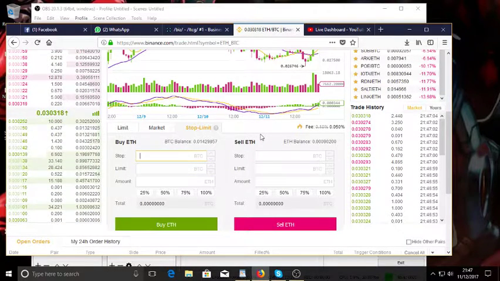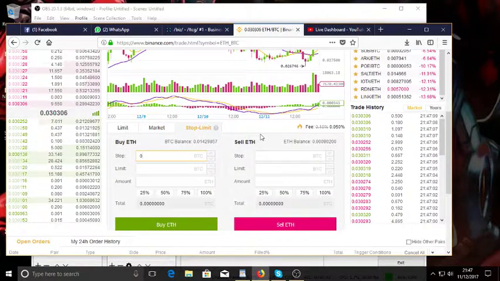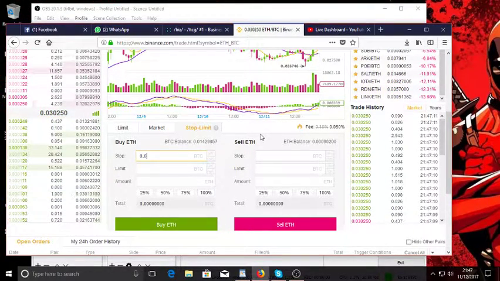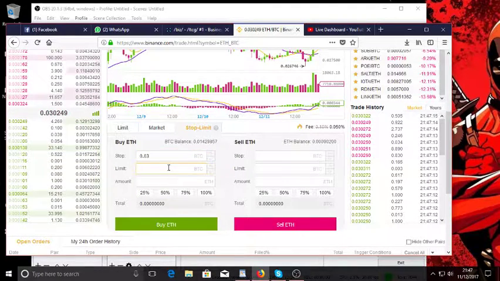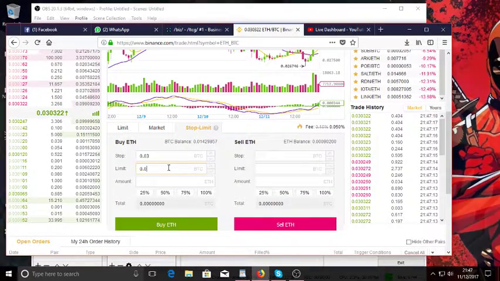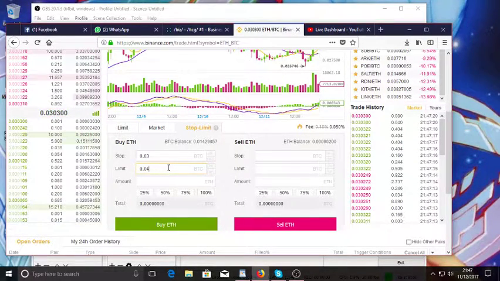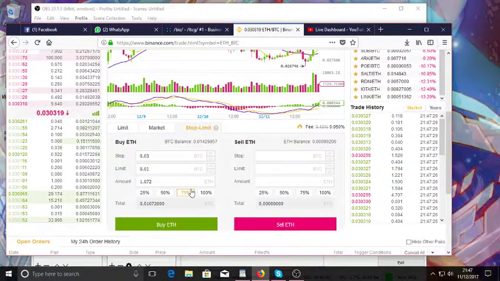So let's say I want to put a stop limit at 0.03, and at that price of 0.03, I want to buy 0.01 worth of Bitcoin.